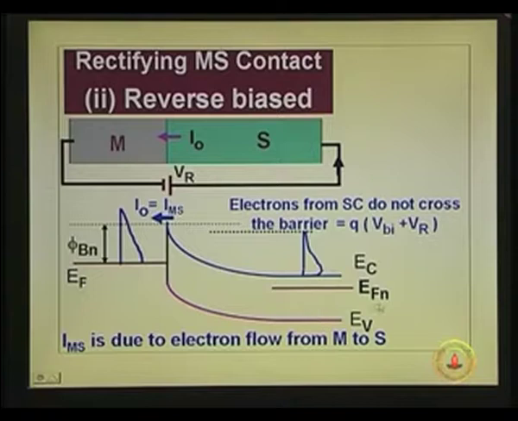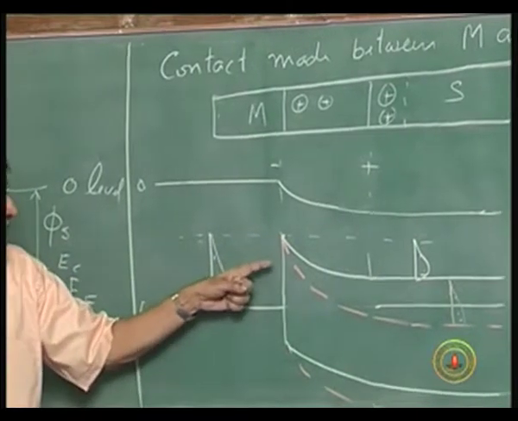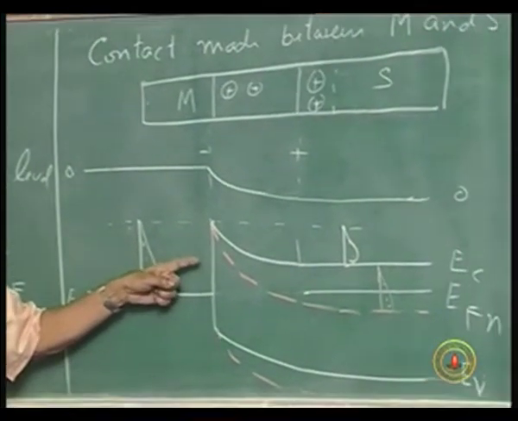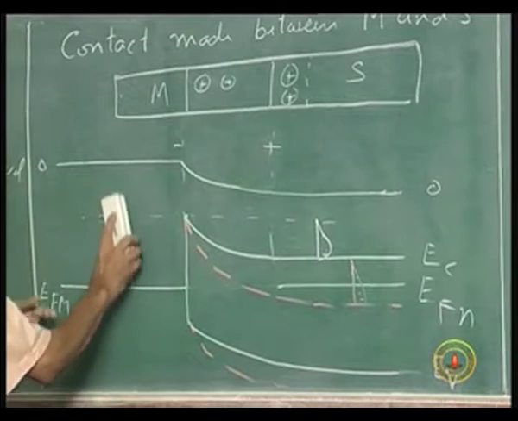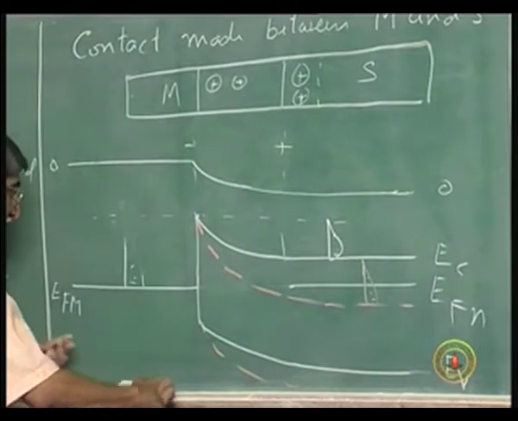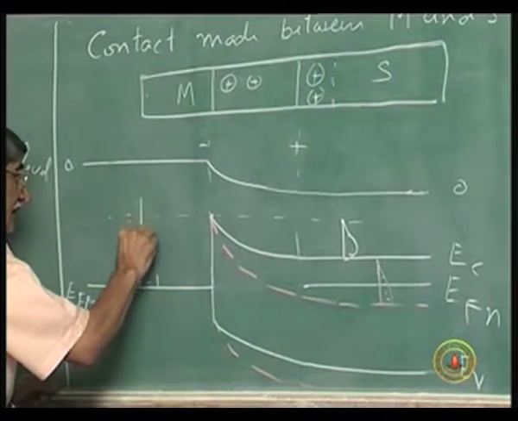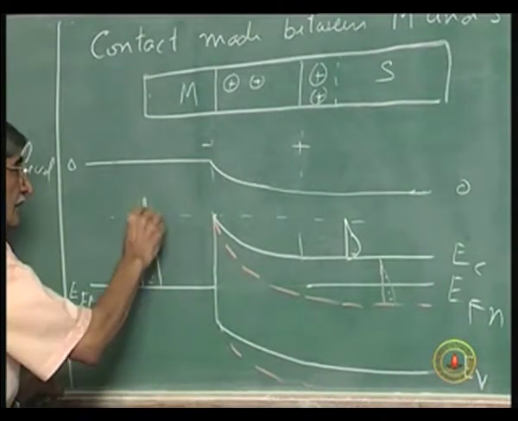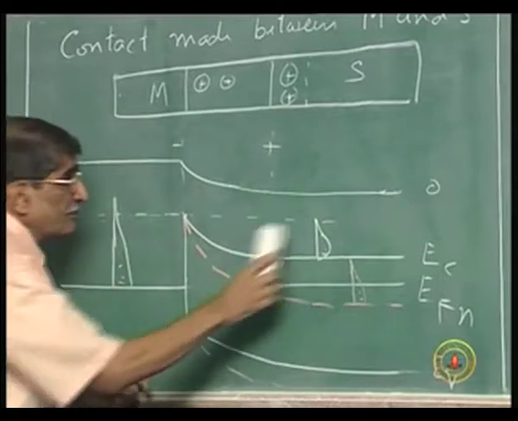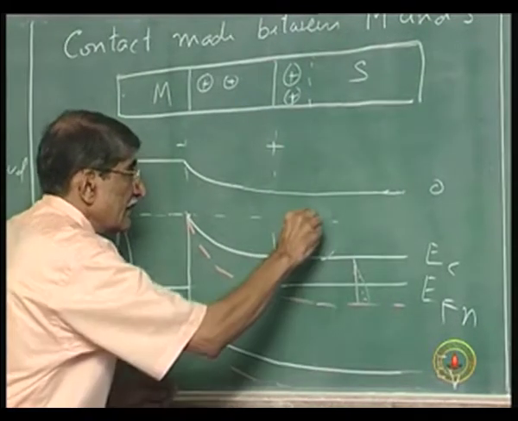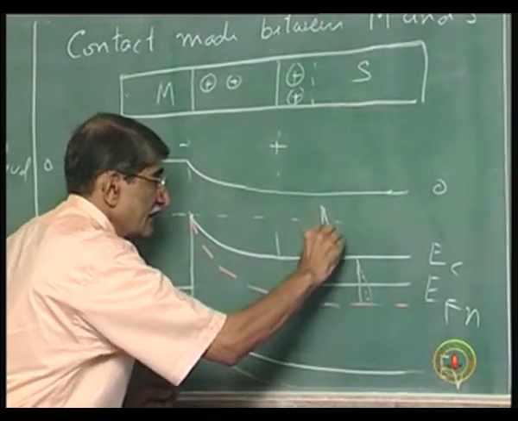But you notice, the tip in the previous case was, I am sorry, the tip in this case, I just made a mistake there, let me redraw that. The tip in this case was slightly above that; in the slide it is there.